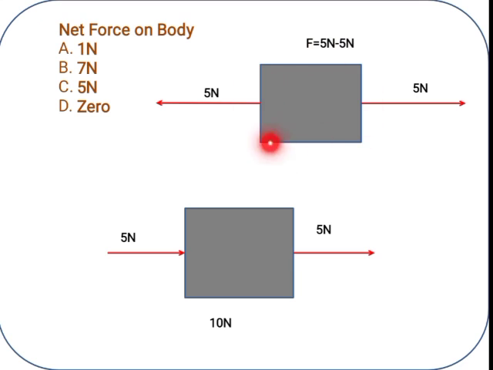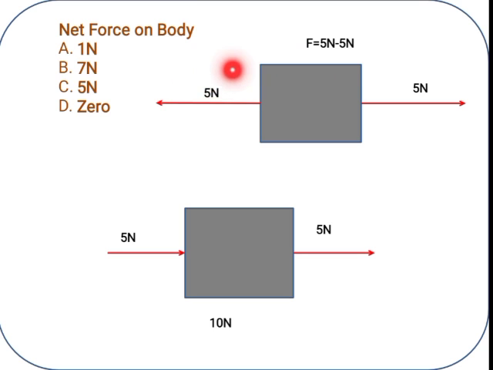We have to consider this is a wooden block. Suppose one person is applying a force in this direction and the force value is 5 Newton. Another person is applying a force in the opposite direction, and that value is also 5 Newton.